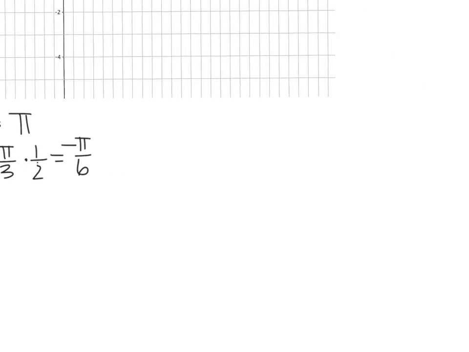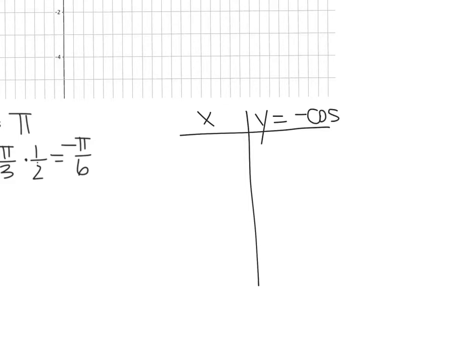So now we have to create our table of values. So we have our angles x and our y values that come from negative cosine of 2x plus pi over 3. And because there's a negative out front, I know my graph is going to be flipped over the x-axis.